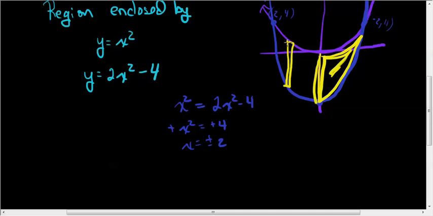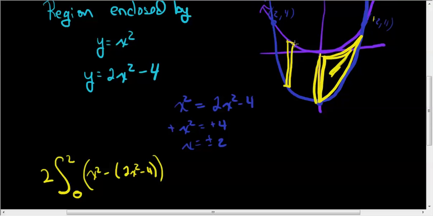So instead of going -2 to 2, I'm going to take 2 times the integral from 0 to 2, upper, which is x squared, minus lower, 2x squared minus 4. All of that, upper minus lower, gives me my height, times my width, dx.